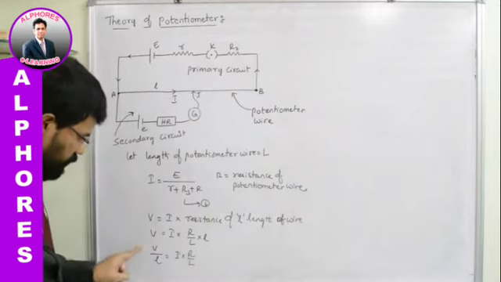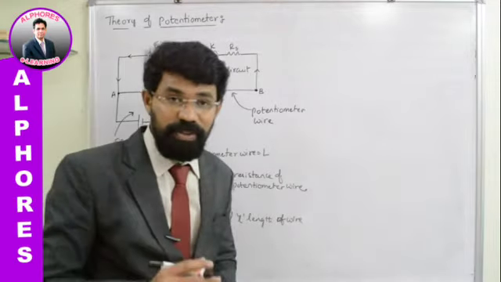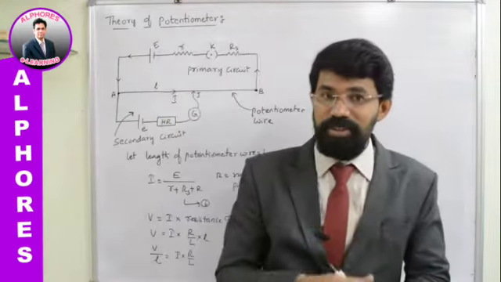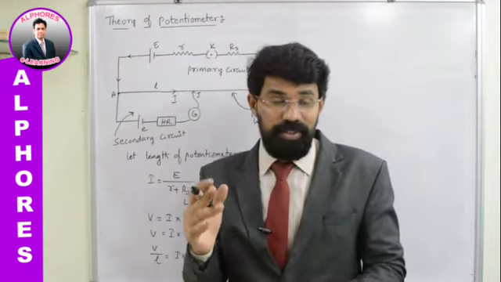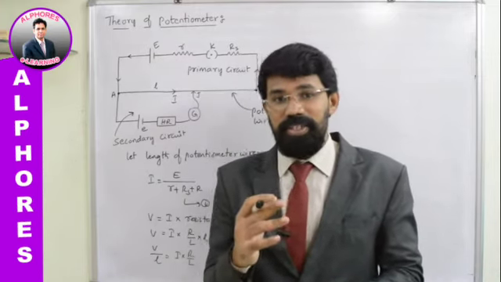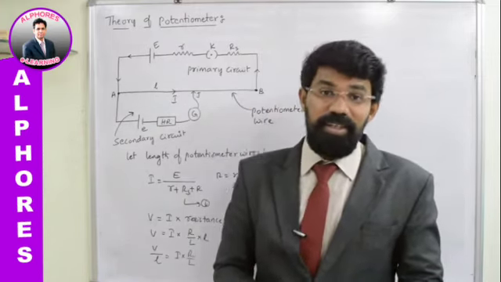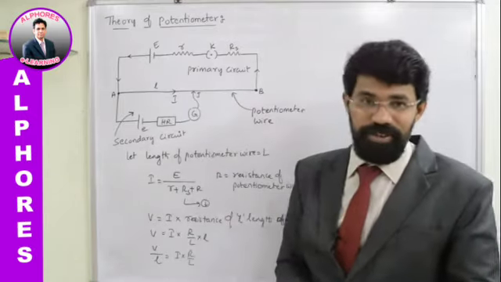If you observe this one very carefully, whatever this I is there, in the potentiometer principle it was clearly mentioned that I is supposed to be constant, isn't it? When a constant current is passing through a wire of uniform cross section, potential drop across any portion of the wire is directly proportional to length of that portion. That's what we have written, right? So this I is constant here.